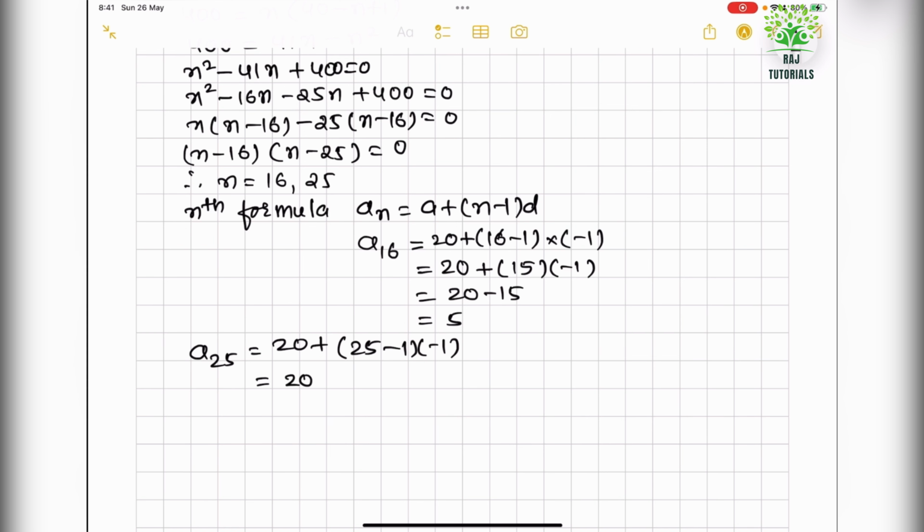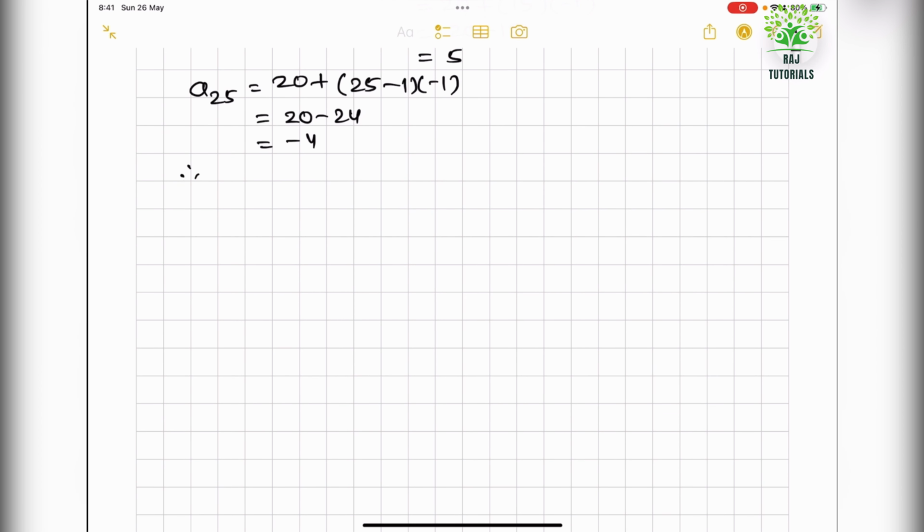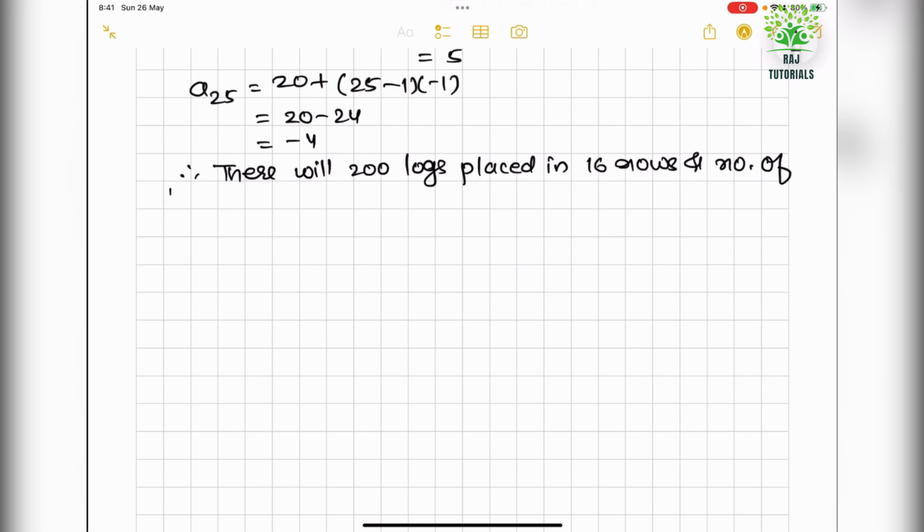So that is coming as 20 minus 24, so minus 4. So therefore, see, I can't say logs will be negative. So there will be 200 logs placed in 16 rows and number of logs in 16th row will be 5.